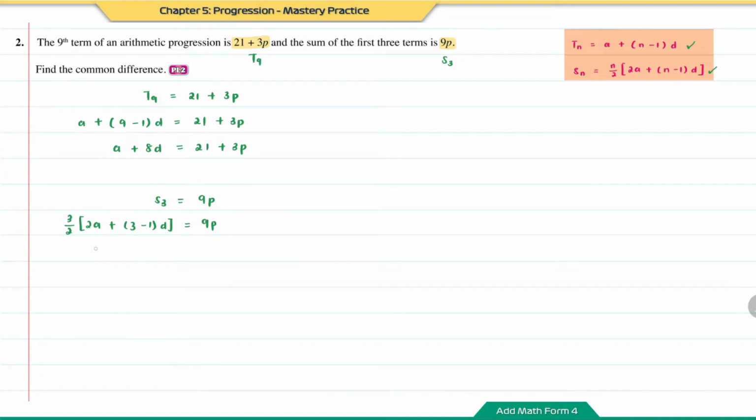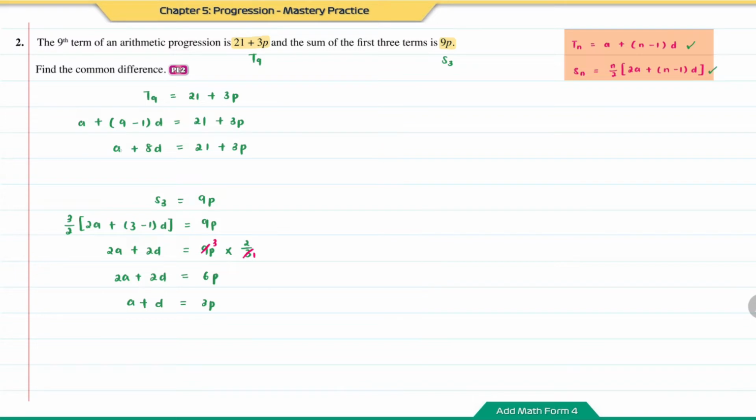Therefore on the left hand side I'm going to get 2a plus 2d equal to 9p times 2 over 3. Simplifying this, on the right hand side you're going to get 6p. Here I can continue simplifying by dividing every term by 2. Therefore, a plus d equal to 3p.